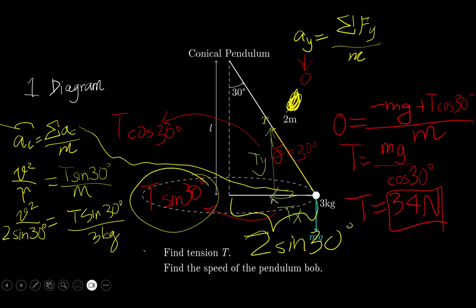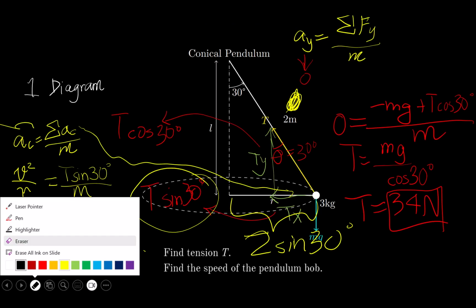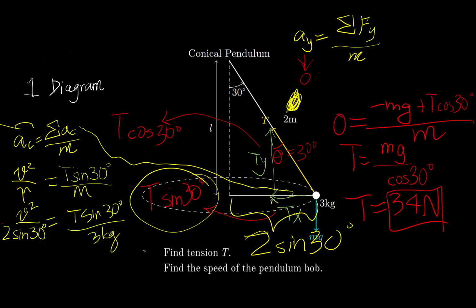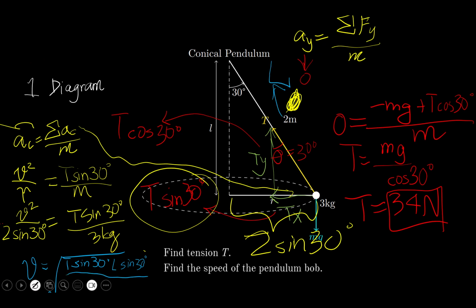There's a big problem here. v equals the square root of, rearranging everything, L sin 30. Again, I use L for 2 because I don't want the capital L. This is a small l, over m.